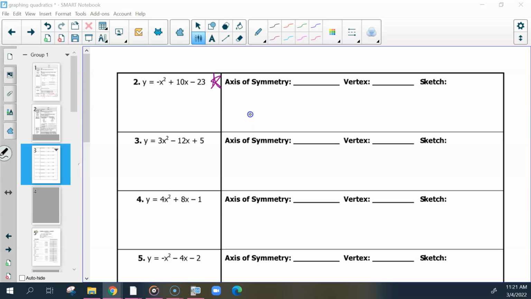On the back, number 2. Do the same process and find our axis of symmetry.